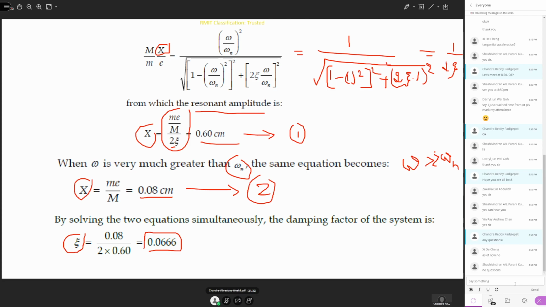So we end up with equation 1. Then when the external frequency is much greater than the natural frequency, the amplitude reaches 0.08 cm. It is given. So MU over capital M is equal to 0.08. So from equations 1 and 2, the only unknown is the damping ratio, which we can readily calculate.